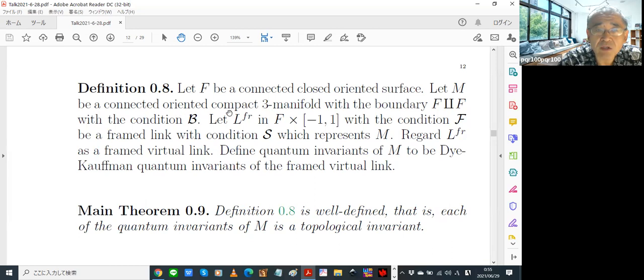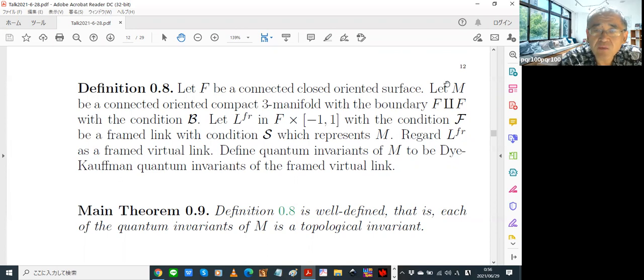Let M be a connected oriented compact three-manifold with boundary F and F with the condition B, that gives fixed meridian and longitude in each F. Let L in the thickened F cross interval, with the condition F, where F means fixed meridian and longitude, be a framed link with condition S, which represents M. And always such an L exists.